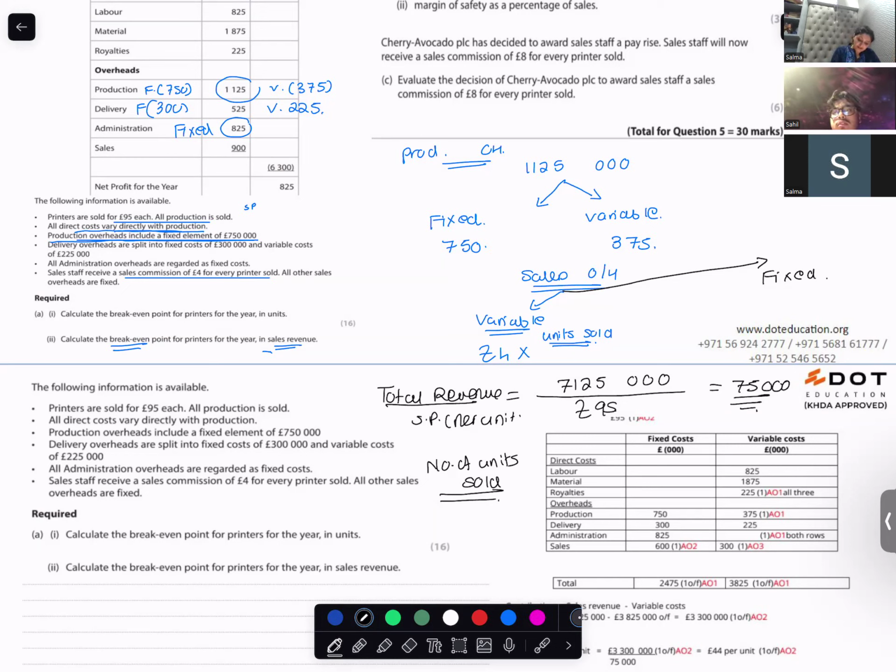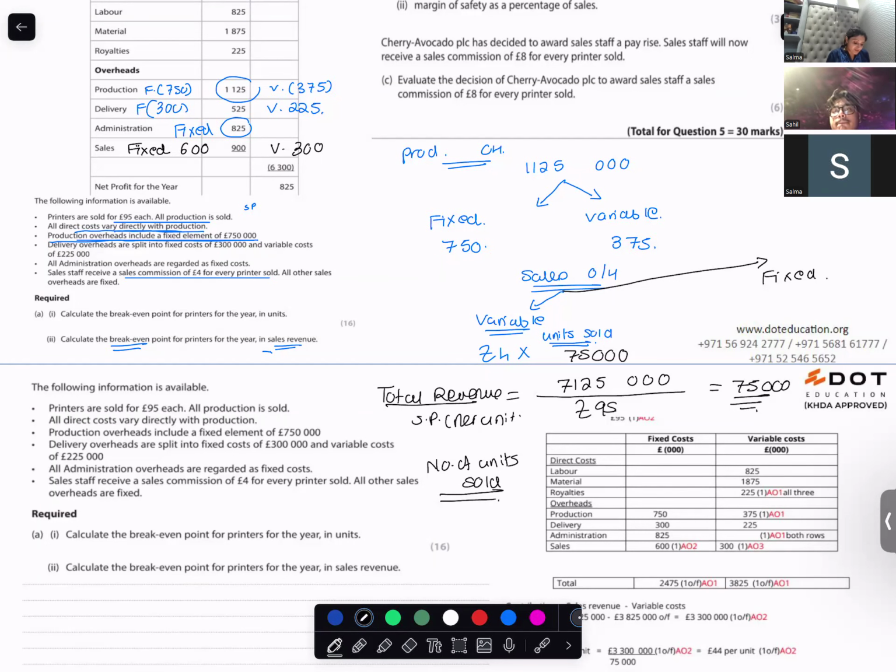We multiply 75,000 units by the £4 commission, which gives 300,000. So my variable part of the sales overhead is 300, and the fixed is 600.